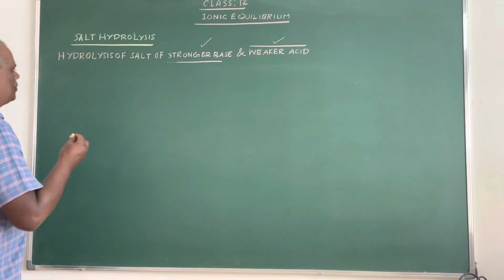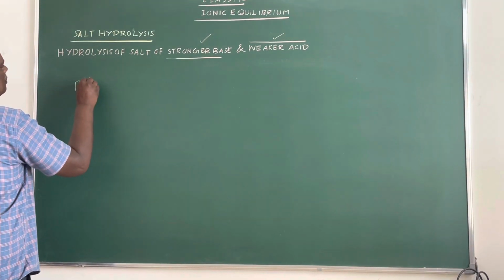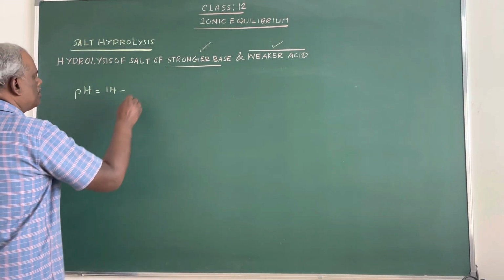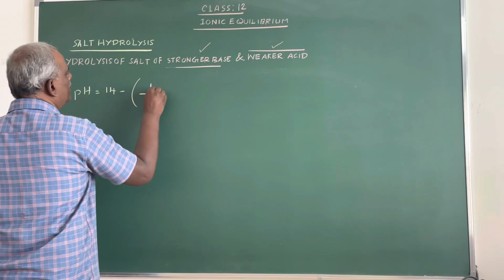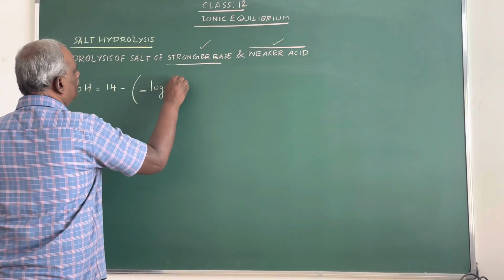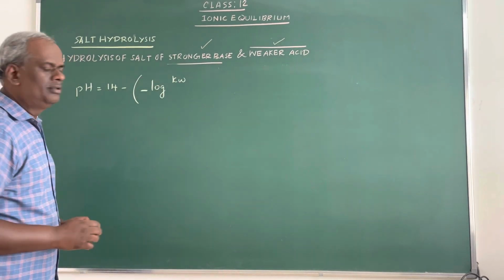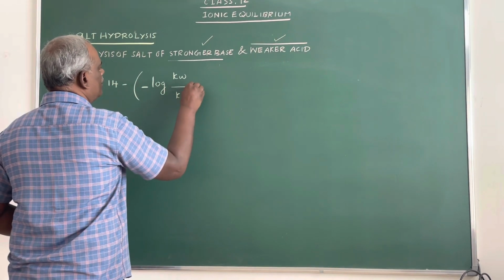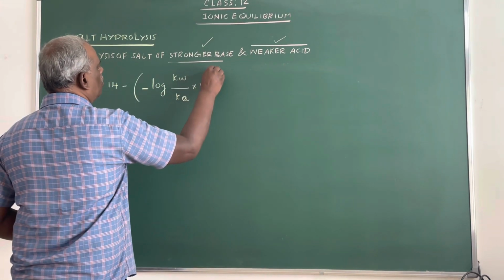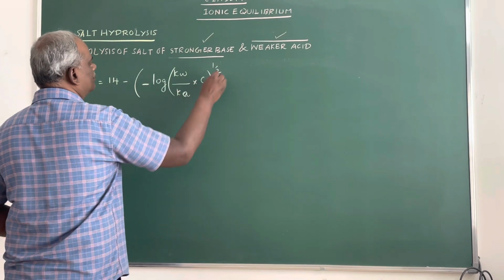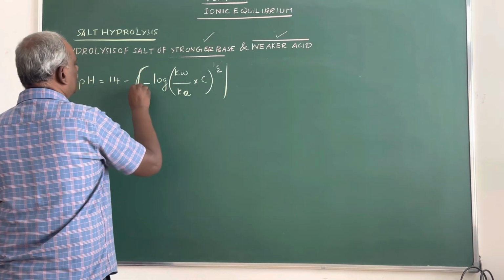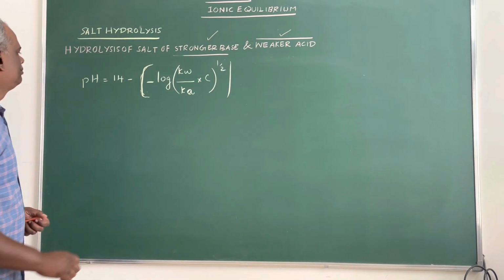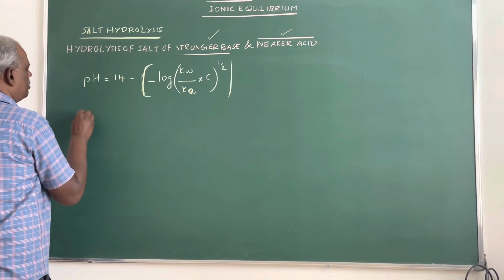The pH is equal to 14 minus, you have noted, minus log of Kw by Ka into C the whole power half. This is the expression we wrote earlier.